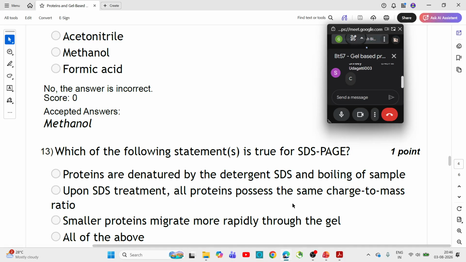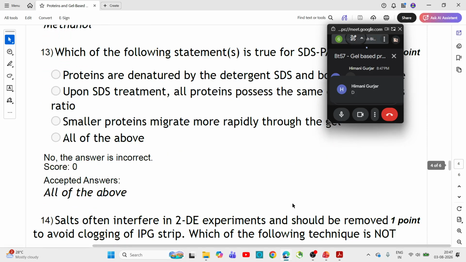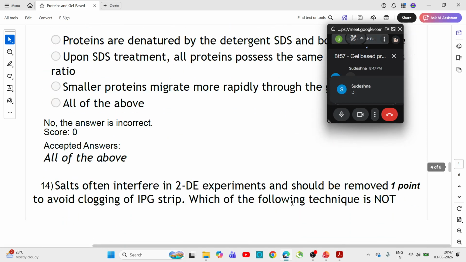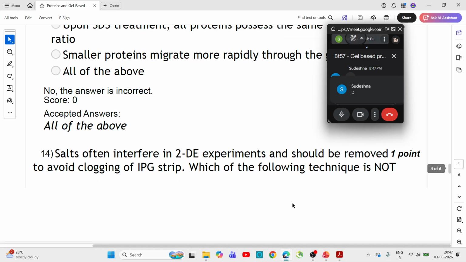All of them are true, or any one of them is true. Good. I can see most of you are answering most of the questions correctly.